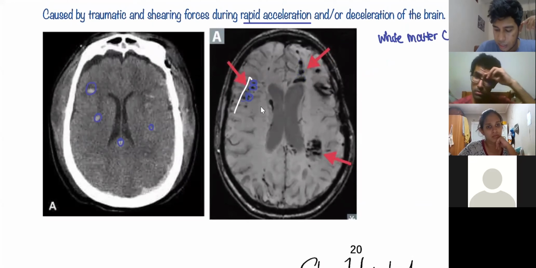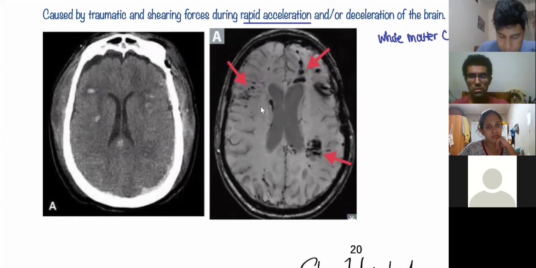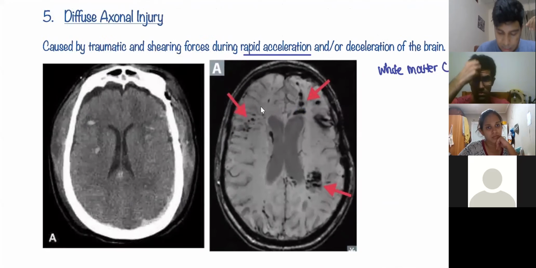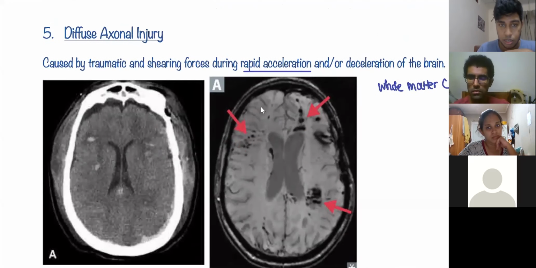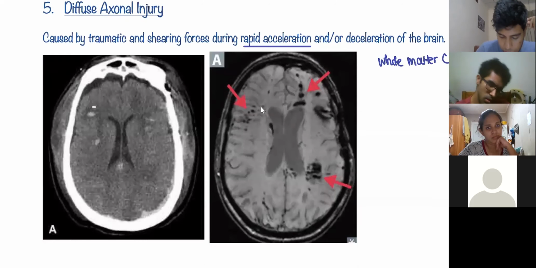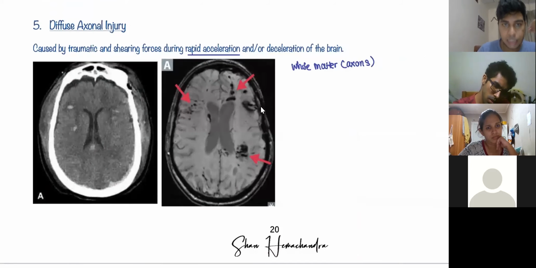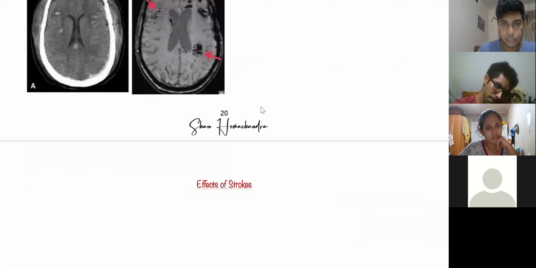This is a very rare condition in the sense you will never get this for any exams, but for the sake of completion, I'm giving it. This is actually the most dangerous one. These will cause damage to the axons, and it is very difficult to treat and detect these hemorrhages.